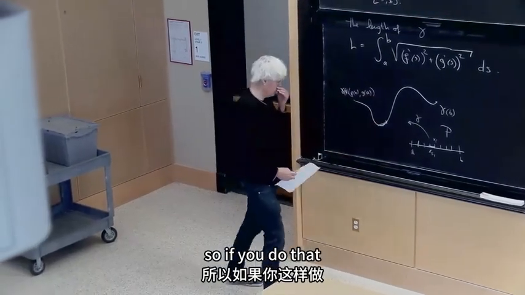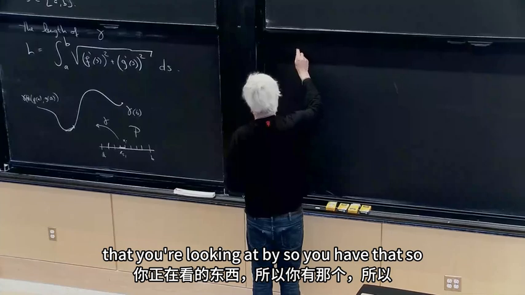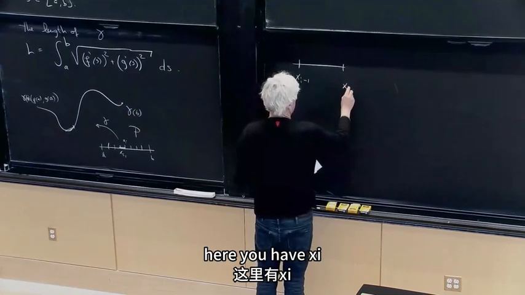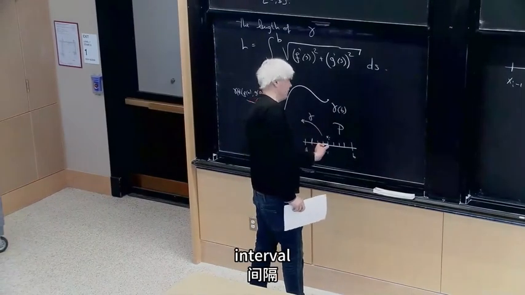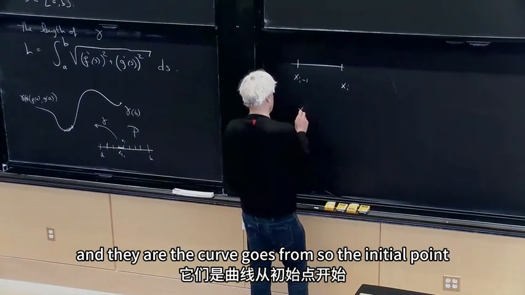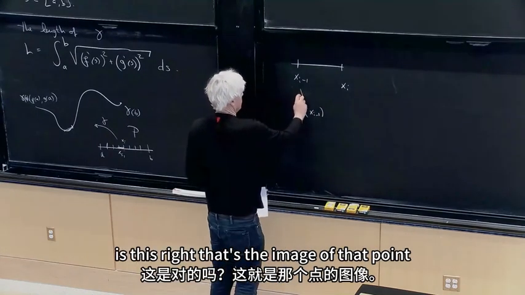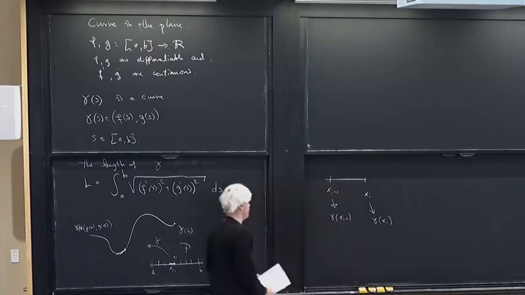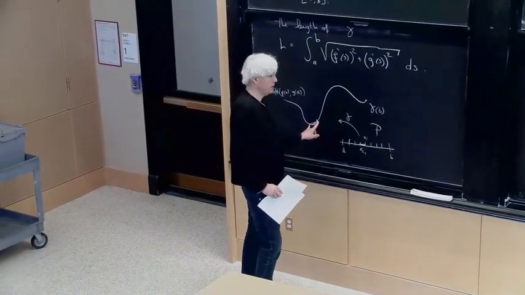So you have x_{i-1} and x_i, and the curve on this little interval goes from the initial point, the image of x_{i-1}, to gamma of x_i.